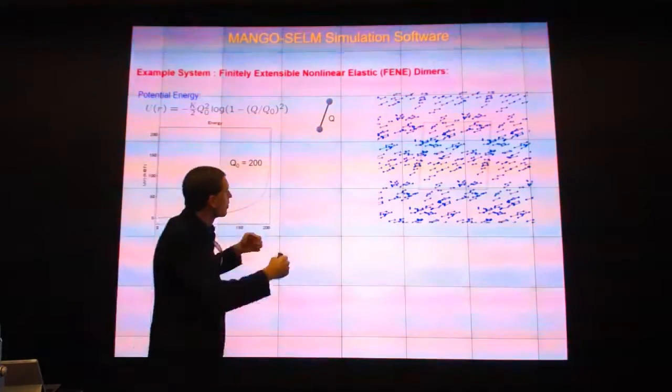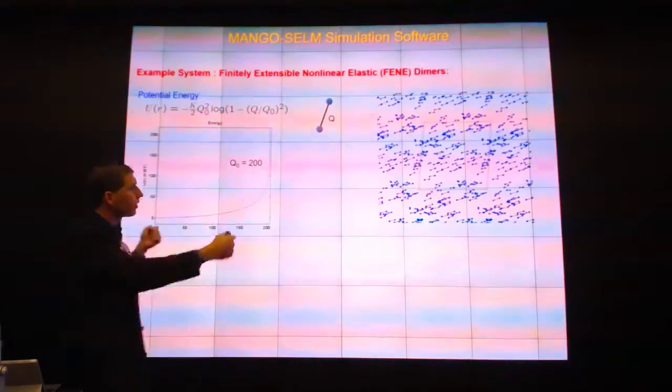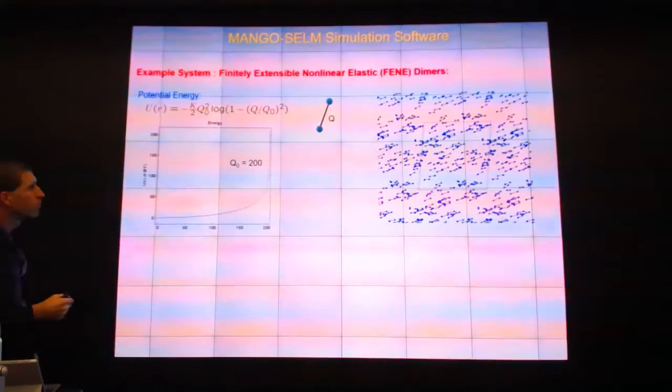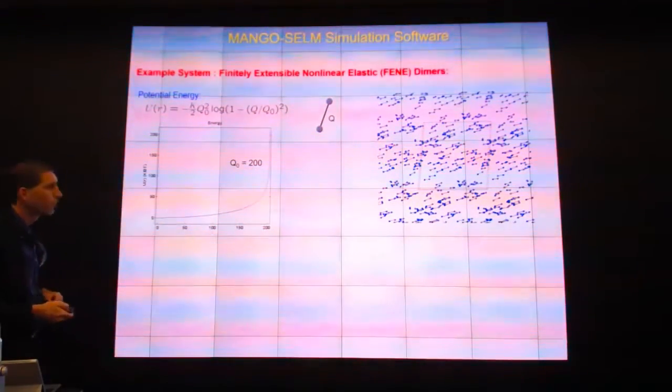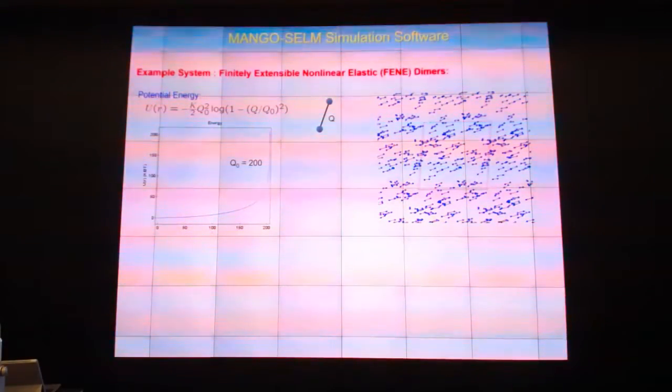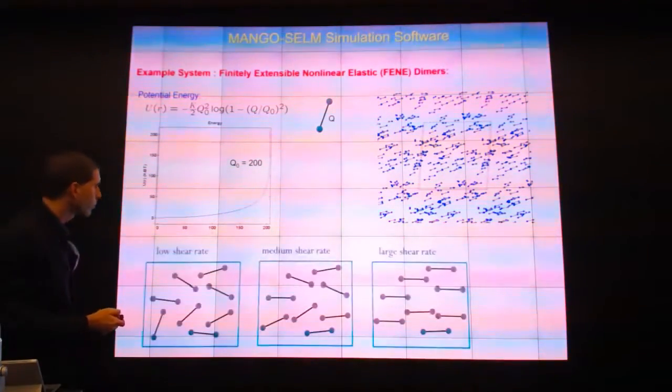So you get a coupling between the X and the Y, or X and the Z extension due to the nonlinear nature of the spring. If you used a harmonic spring, you would not get that behavior.